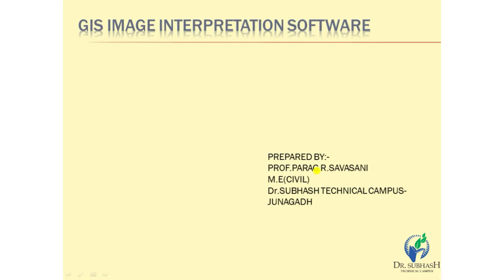Different image sources are also available for downloading images and processing them. In this video, we are understanding the different types of software that we can use for GIS image interpretation and their capabilities for our data processing.